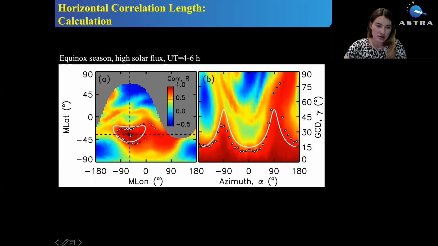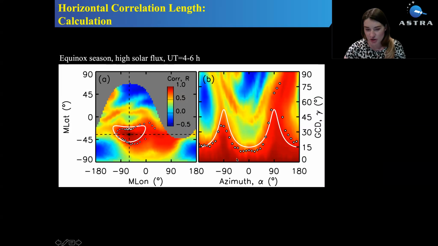For example, if the reference point is shown here with a black dot, then the correlations around this point are shown with color. Correlations are high close to the point, equal to 1, and then they drop from 1 further away from the point.